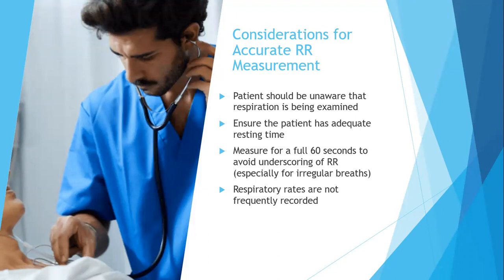So if you measure for a full minute, you'll account for irregular breaths and you avoid undercounting respiratory rate. So you do want to measure respiratory rate for a full 60 seconds. Again, respiratory rates are not frequently recorded in the medical record, and maybe we need to change that, particularly with people with respiratory diagnoses.